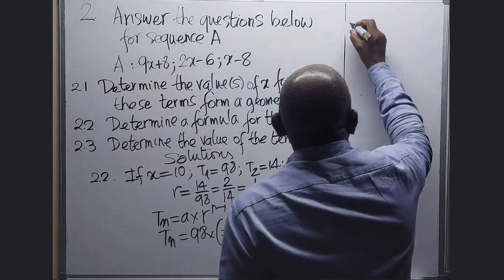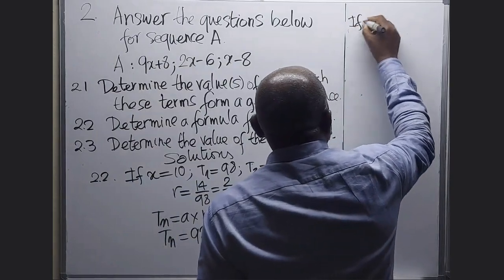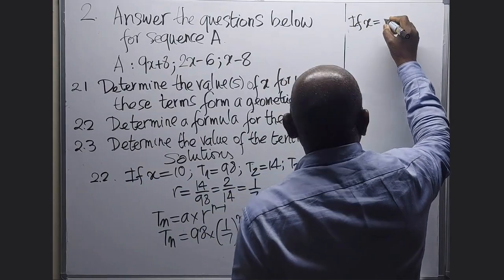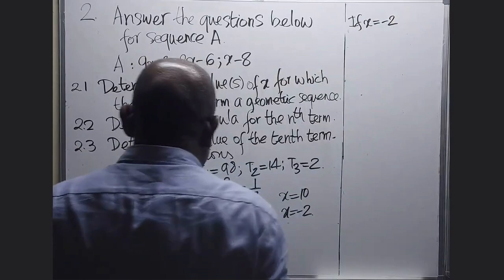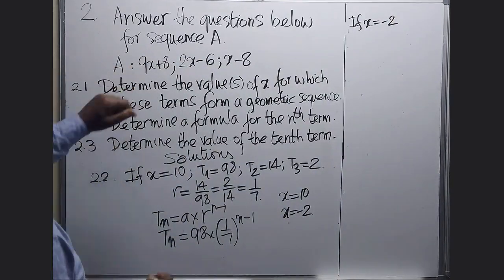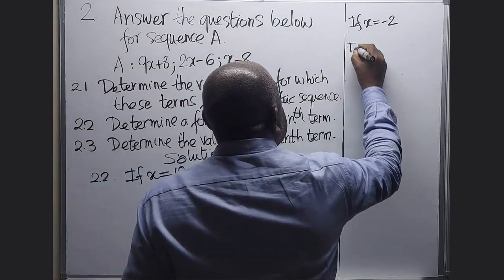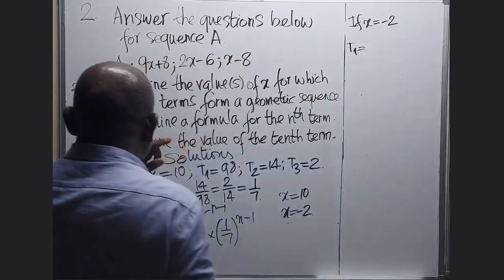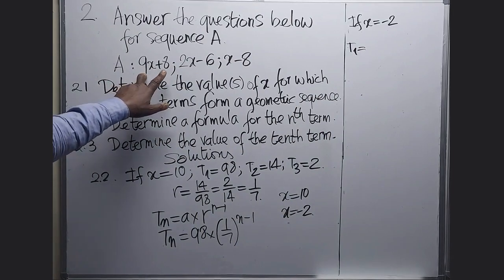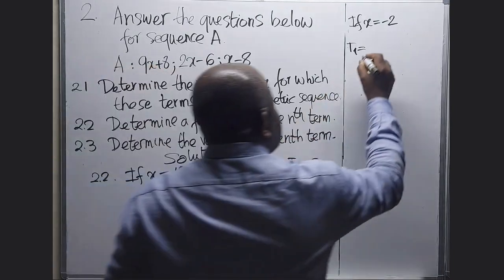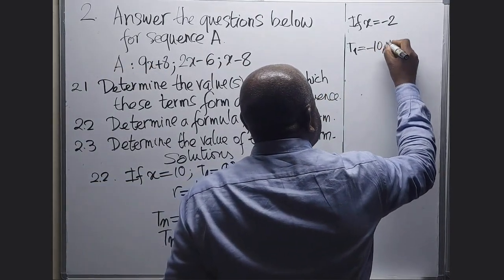Now if x is equal to negative 2, we're going to come back here again. T1 will be equal to 9 times negative 2, we're getting negative 18 plus 8, then we get negative 10.